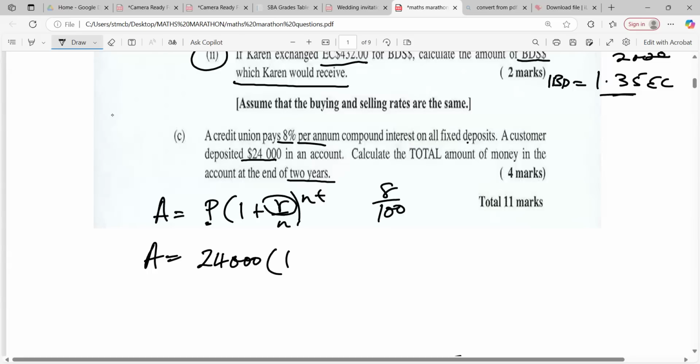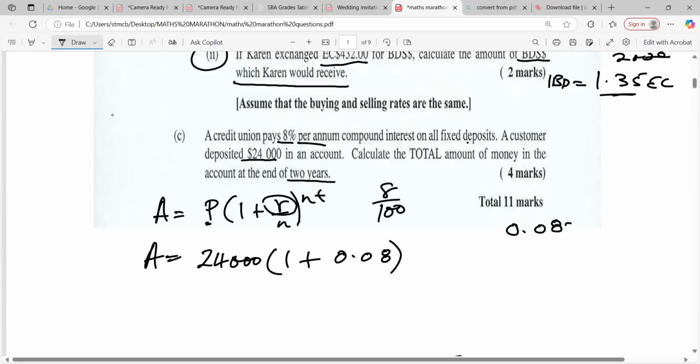I normally suggest to my students that you convert this to a decimal. It's much easier to use. I don't know if you are comfortable with percent like 8 over 100. But if you convert this, you would get 0.08. So this now would be plus 0.08.